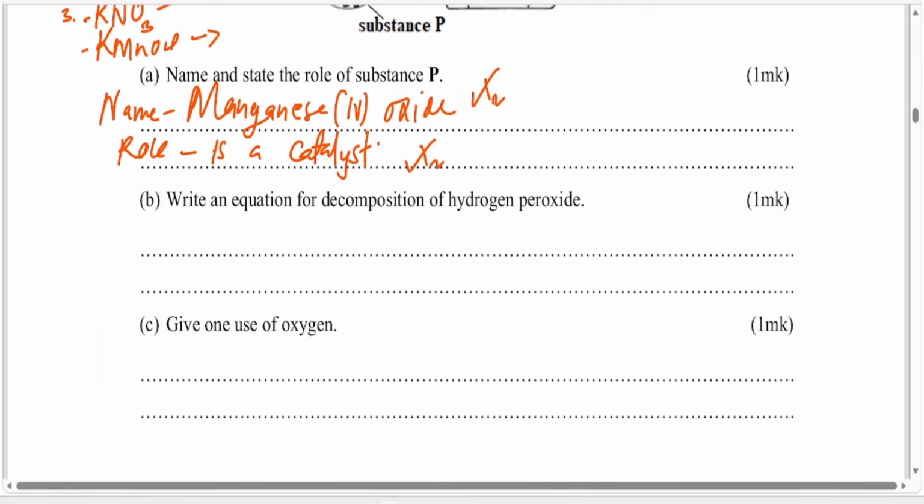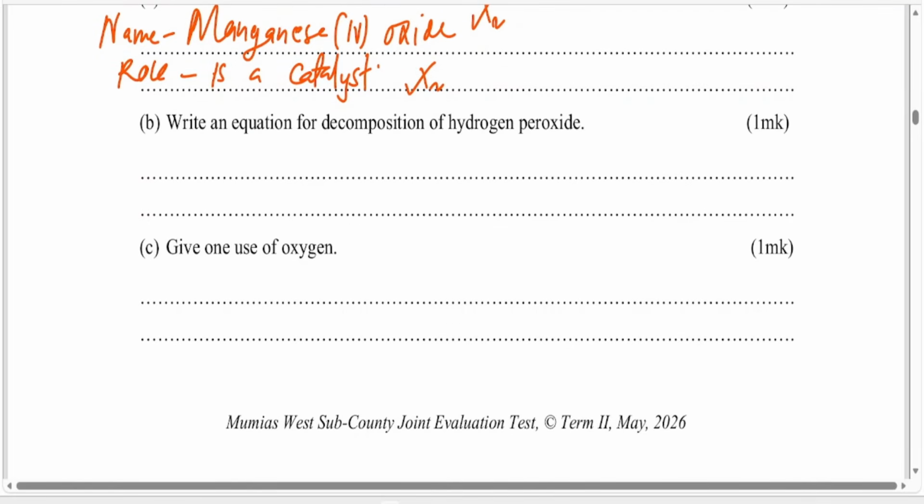Moving to part B of this question, write an equation for the decomposition of hydrogen peroxide. So I've said that here we need hydrogen peroxide. Remember, at this stage you're supposed to be writing chemical equations, not word equations. I decompose this in presence of manganese IV oxide, and I obtain water and oxygen.